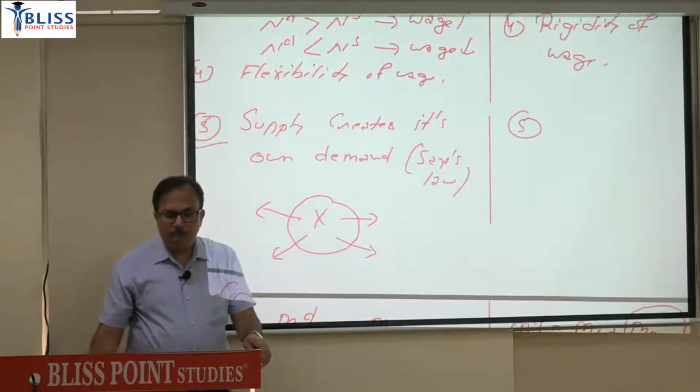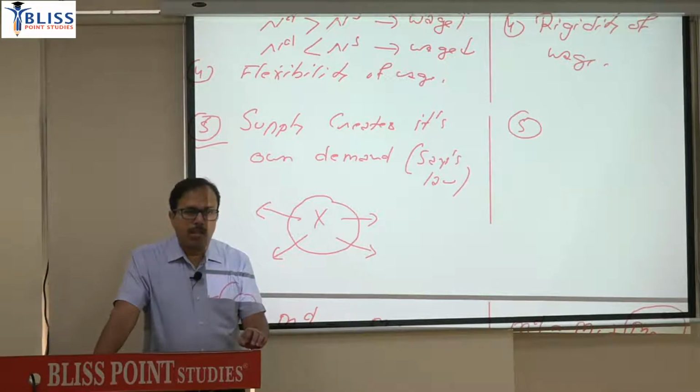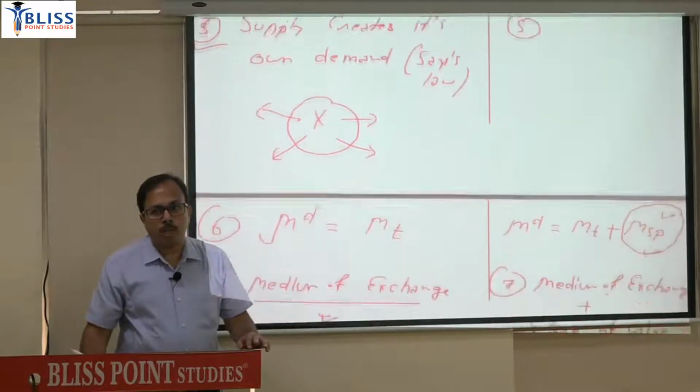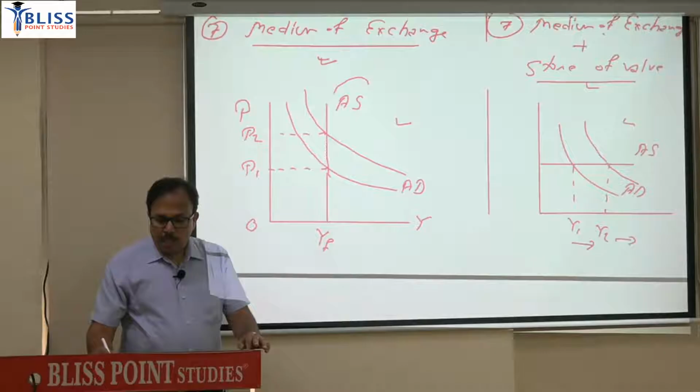Classical assume that supply creates its own demand, but that explanation was based on the assumption that money only acts as medium of exchange. Keynes was not agreeing with that because money also acted as store of value apart from medium of exchange. And the aggregate supply curve in the classical is vertical, in the Keynesian it is horizontal.